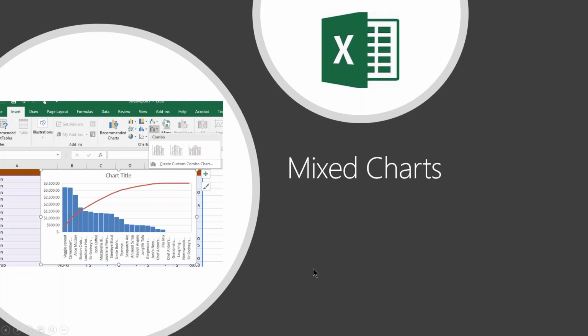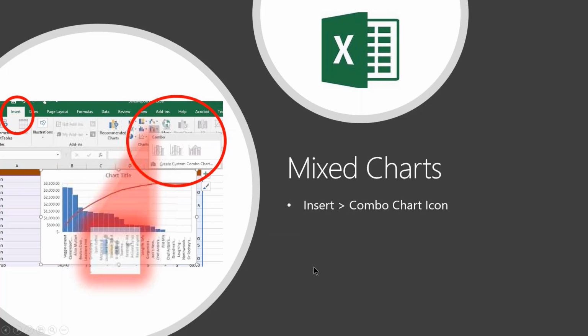In order to access this functionality, you want to go to Insert and select the Combo Chart icon. As you can see, I've blown that out, highlighted it so it really stands out. And that will enable you to show two types of charts together in one combination chart.